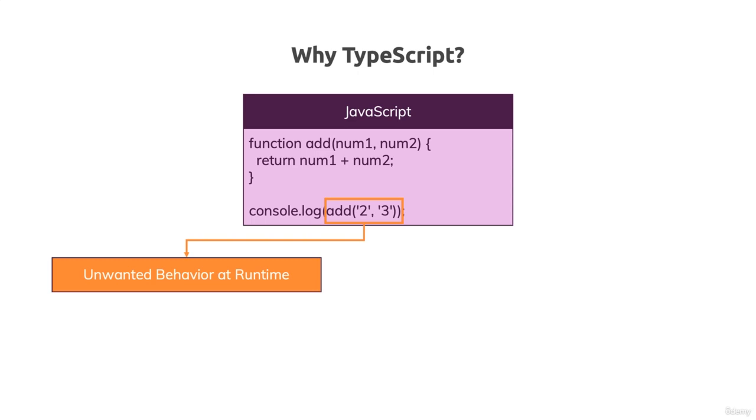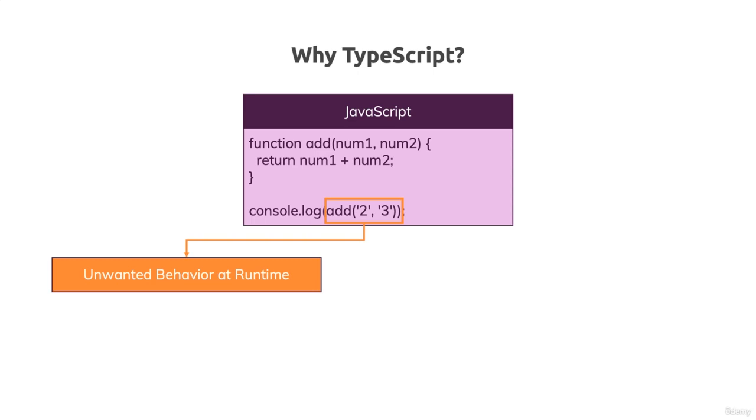So the result would not be 5, but 23, a concatenated string of the two numbers. This is an error you could have in JavaScript. It's not a technical error. You probably won't get a runtime error, but you have a logical mistake in your code. And that, of course, can lead to huge problems in the web applications you're writing with JavaScript.